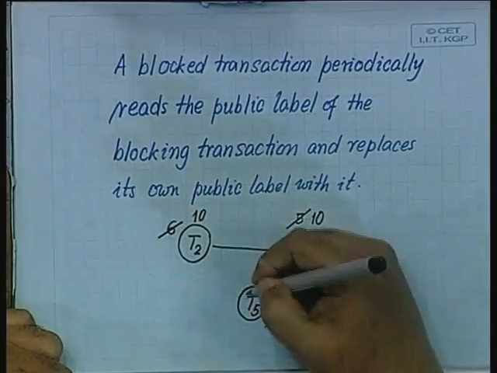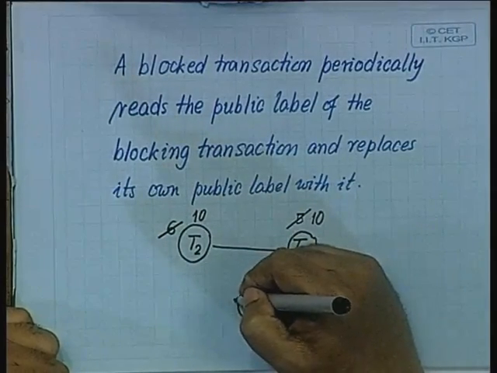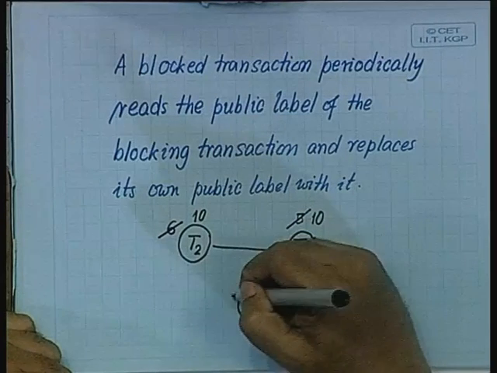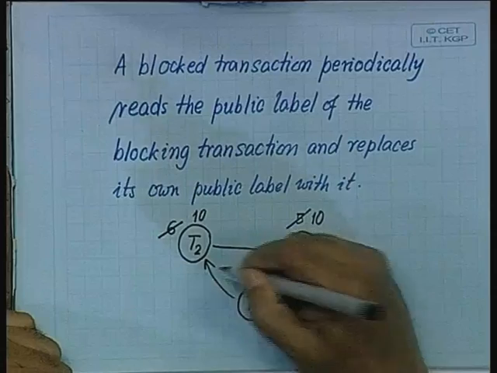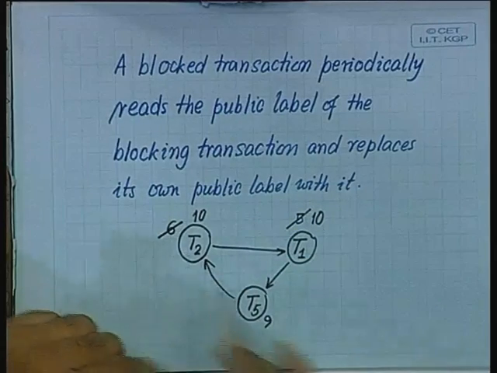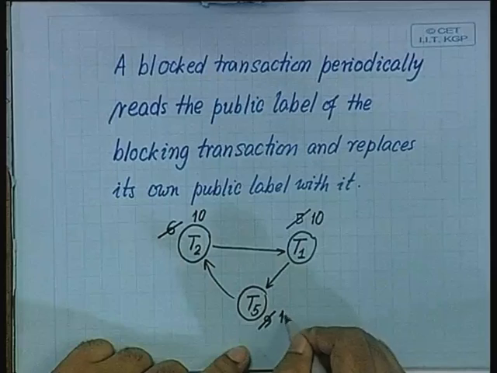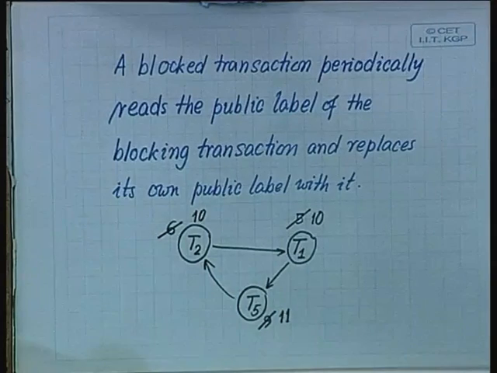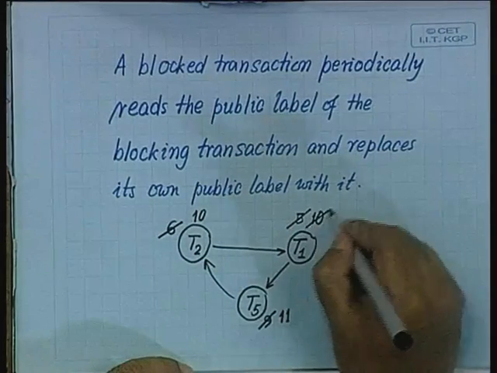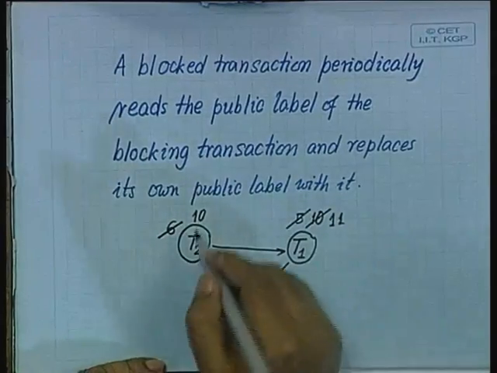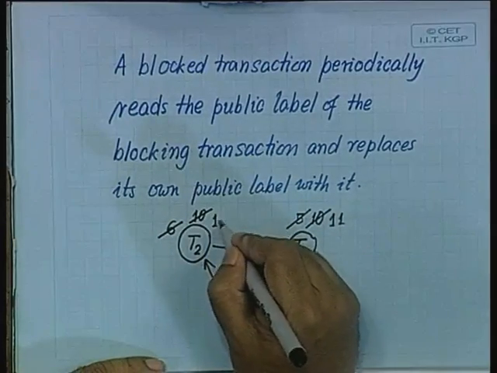Now, let us say that at some point of time T5 makes a request for a resource held by T2. So, it makes a request here. Now, when it blocks on T2, it will update itself, so it will become 11. After some time T1 will become 11, because it will periodically inspect this, and after some time T2 will become 11.